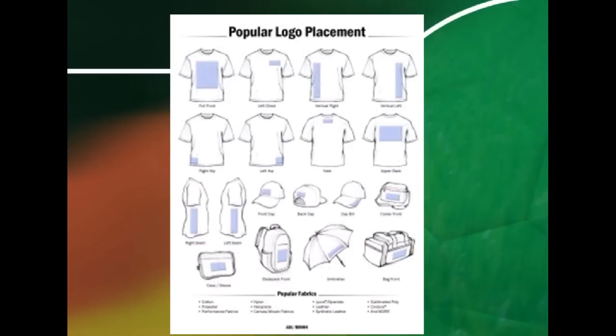A really nice placement I like, even if you were to print your company's name or your company's website, is right underneath the yoke, the one in the second row, third over. Or on the left sleeve, just real tiny, is a great place.